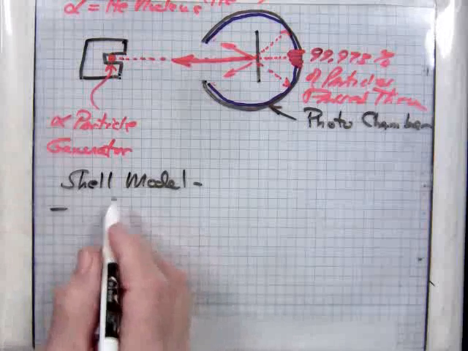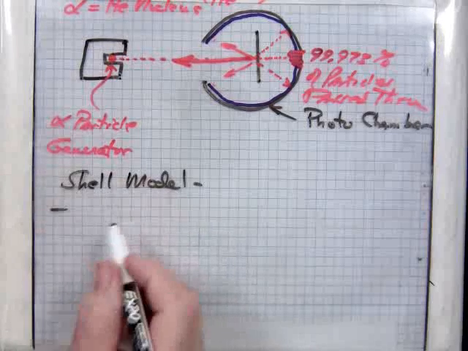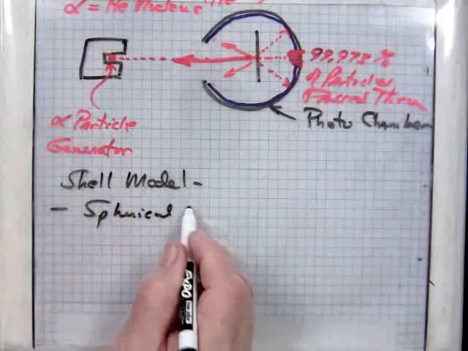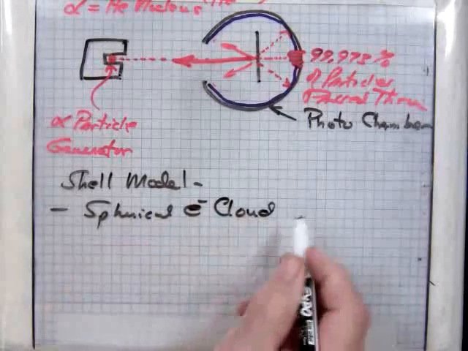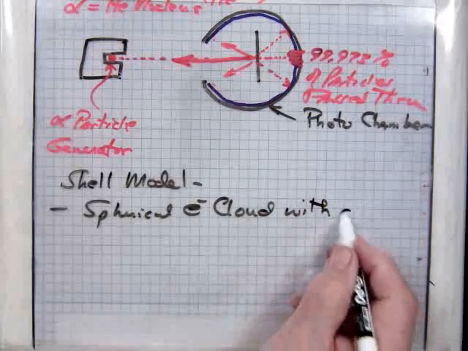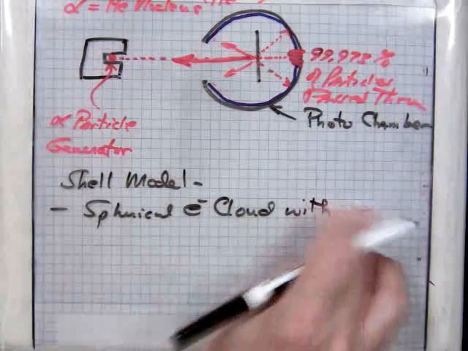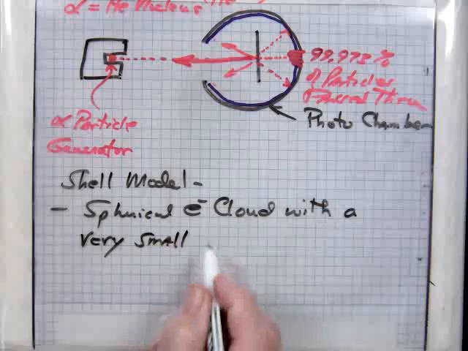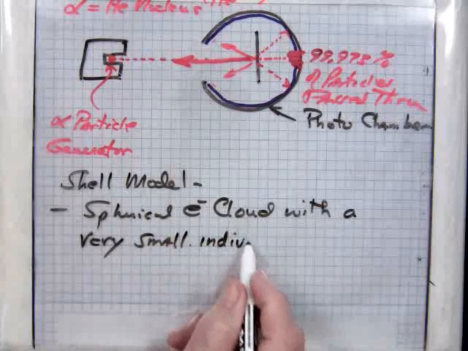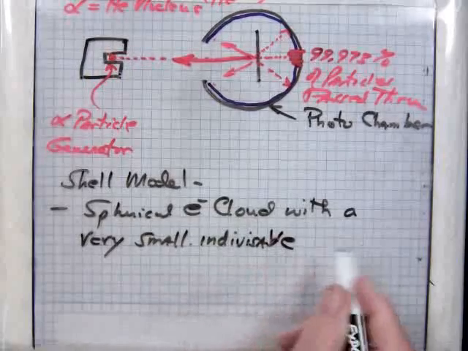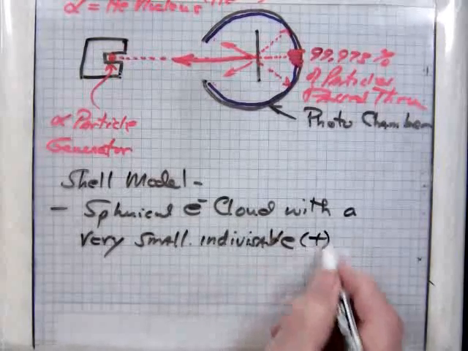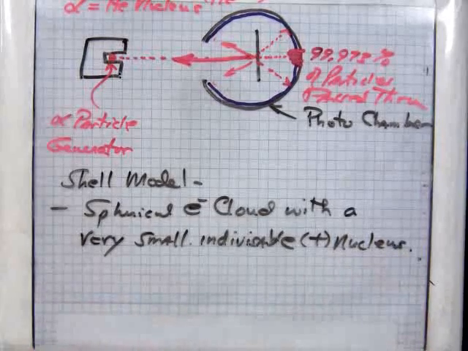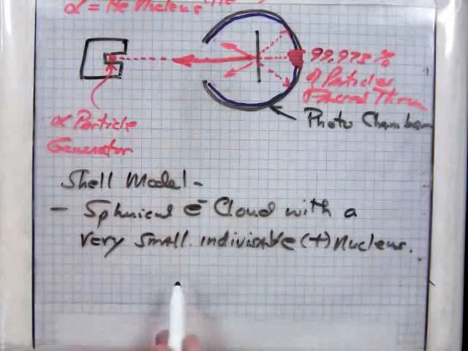Well, first of all, the shell model is considered to be a spherical electron cloud with a very small, indivisible positive nucleus, hence the shell model as we recognize it today.